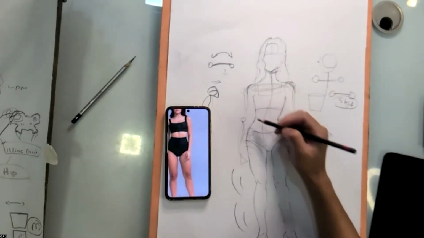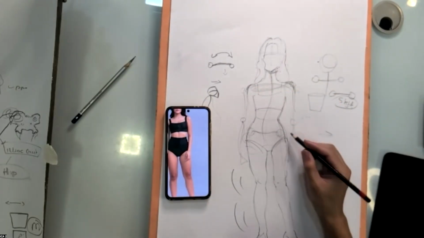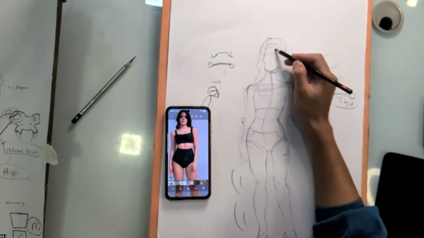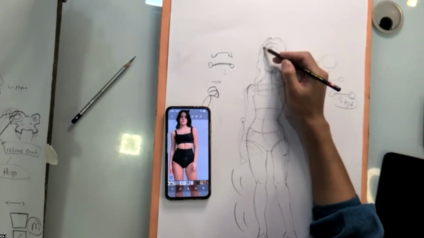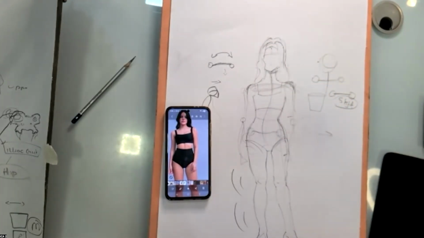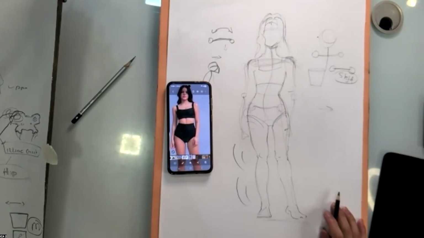And then the hands over here. However, I'll not try to make the hands since we don't have that much time. So here it is, that of a female.